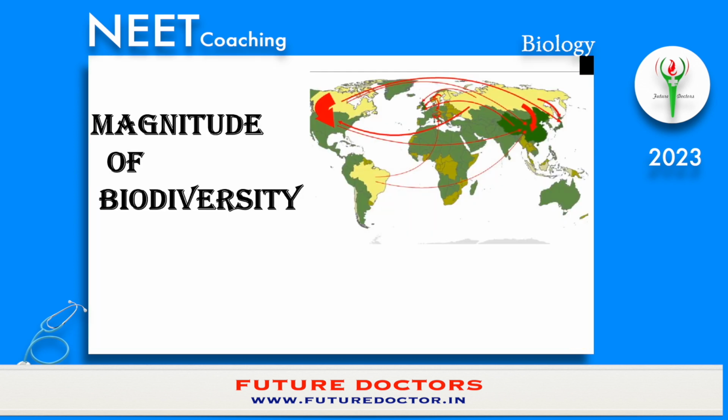Magnitude of biodiversity. According to the IUCN, that is the International Union for Conservation of Nature, in 2002, the total number of plant and animal species described so far is slightly more than 1.5 million.